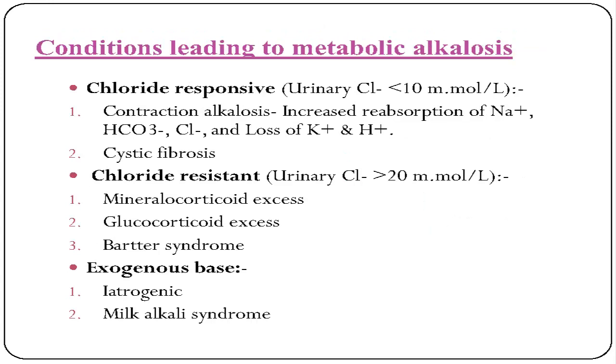Now look at the precise conditions leading to the metabolic alkalosis in this slide. Now remember, the metabolic alkalosis can again be classified into three types. First is chloride responsive, second is chloride resistant, and lastly is exogenous base addition. Now coming to the first heading, that is the chloride responsive.